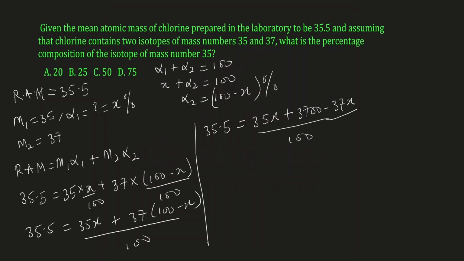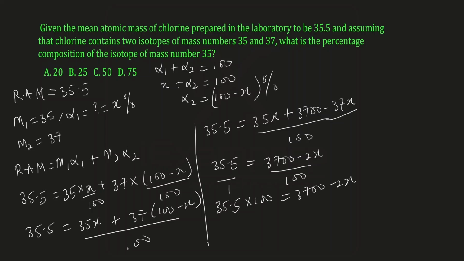Now let's combine similar terms. 35x minus 37x will give negative 2x. So we have 35.5 equals 3700 minus 2x over 100. Let's cross multiply. We have 35.5 times 100 equal to 3700 minus 2x. Now we have 3550 equals 3700 minus 2x.